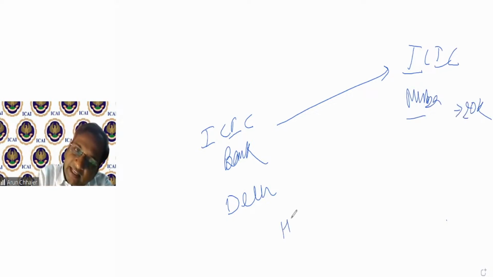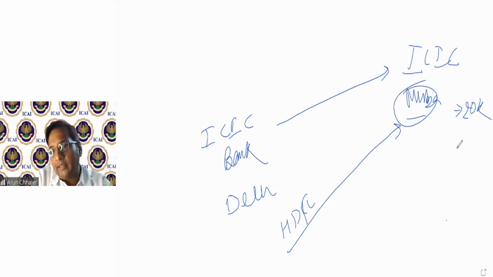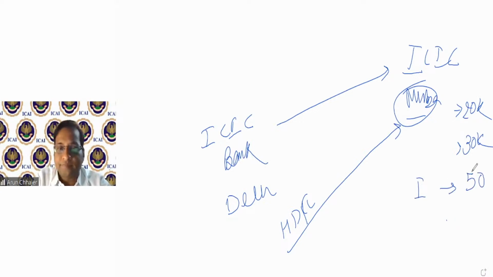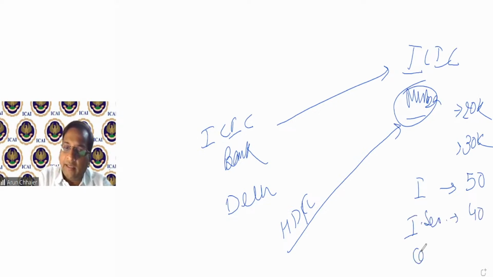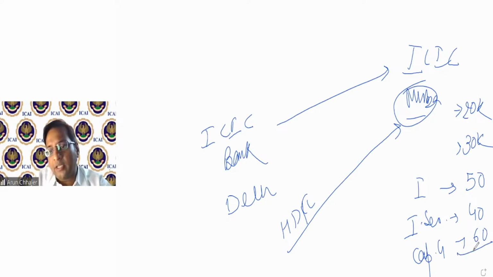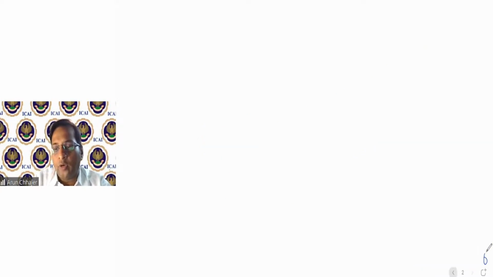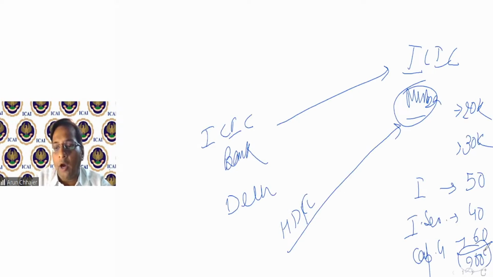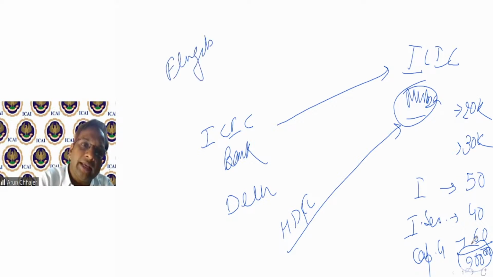Similarly, HDFC Bank has raised a tax invoice to the Mumbai branch, with GST of 30,000. Input other than that is 50,000. Input service is again 40,000, and capital goods is, let's say, 60,000. So the total ITC is 2 lakh. You are requested to calculate and tell me out of rupees 2 lakh how much ITC they are eligible for, or how much ITC they need to reverse.